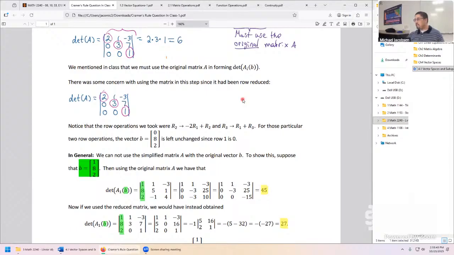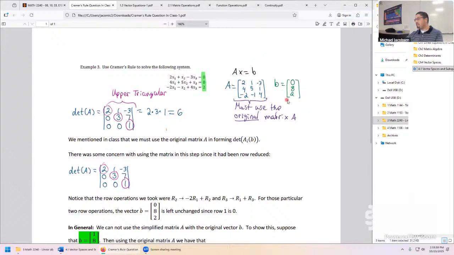So in general, the idea does work. You can use row operations on this determinant and reuse this again, but if you did that, you have to maintain the same row operations on this vector here and then reuse the resulting vector. In fact, it just feels like you're going to an augmented matrix, doing row reduction till you get upper triangular or something, and then running it through Cramer's rule with a more convenient system.